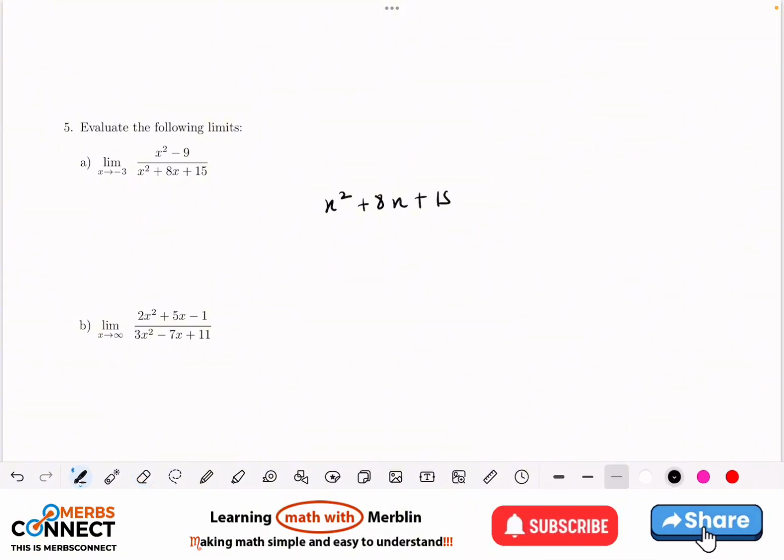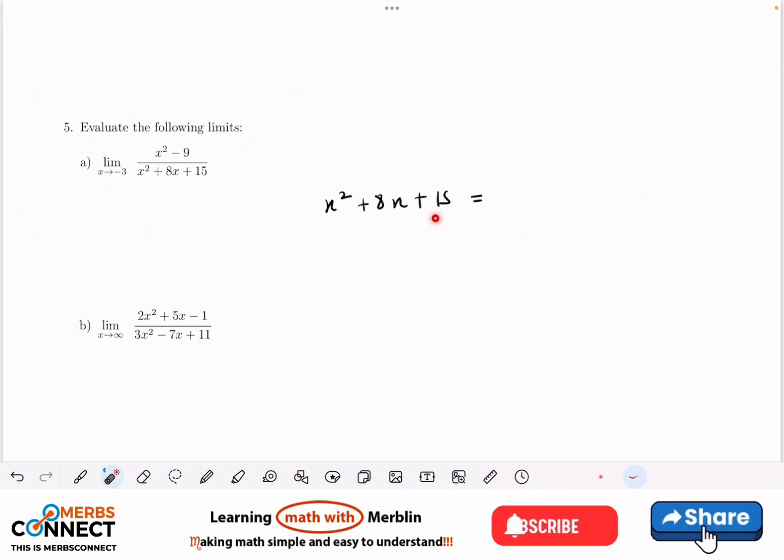For us to simplify, first we need to try and factor this function here, x squared plus 8x plus 15. I need to look for the factors of 15 that add up to 8 and multiply to give 15.